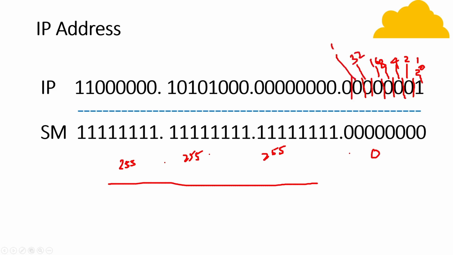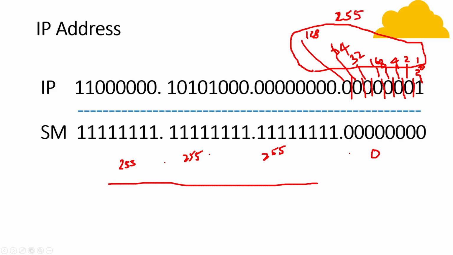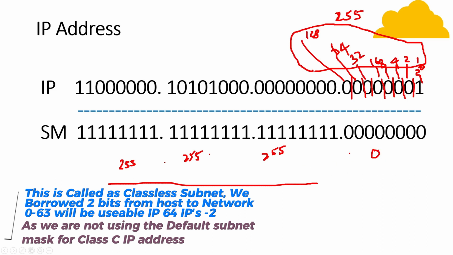And for this bit, it will be 64. For this bit, it will be 128. If I add all these decimal numbers, it will become 255. It will be 255.